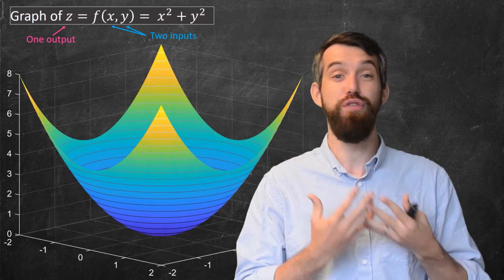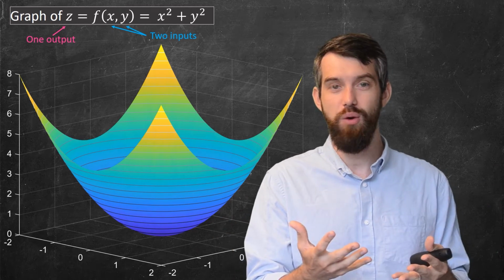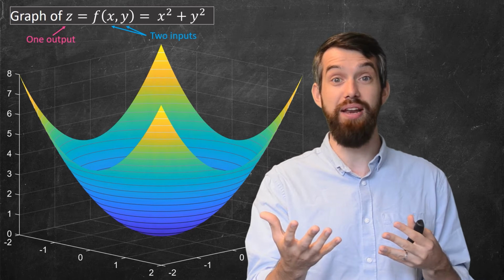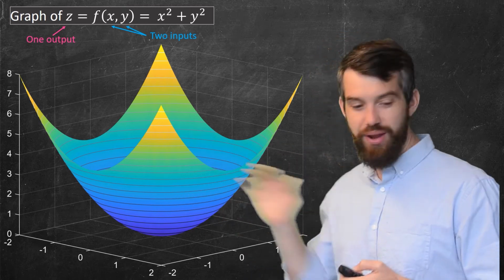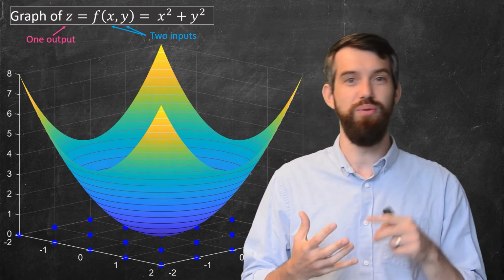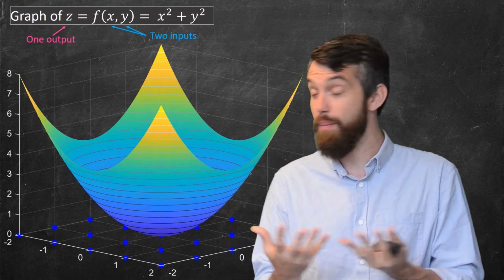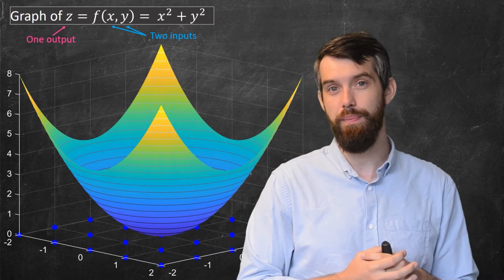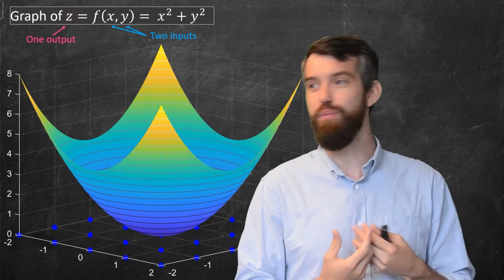Now, let's imagine you have no idea how to graph x squared plus y squared equal to z. How could you begin? Well, let's do exactly what we would have done in the case of a 2-dimensional graph. Now my input is this entire input plane. I'm going to put a grid of values here, like 0, 0, 0, 1, 1, 0, and so on. These are a bunch of allowable inputs down on my input xy plane. I could then go into my function and figure out, well, what's the height? What's the height above the point 0, 1?